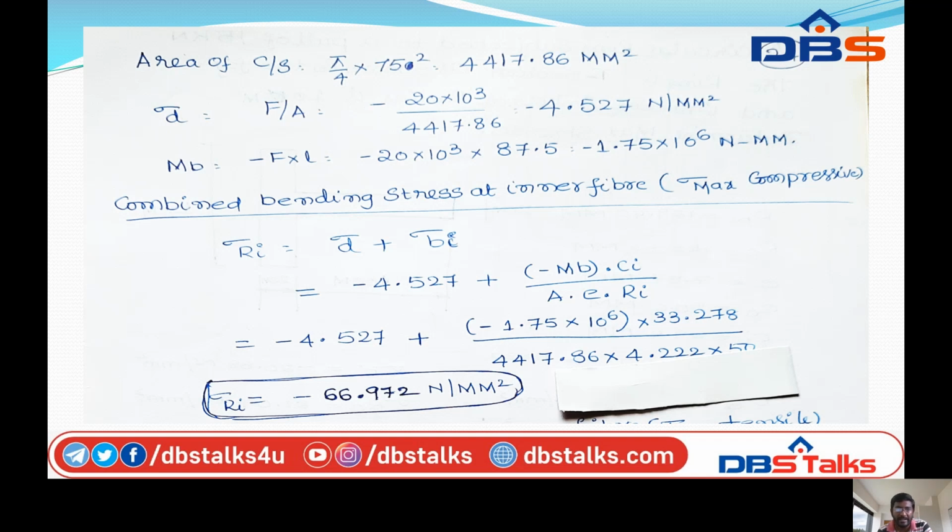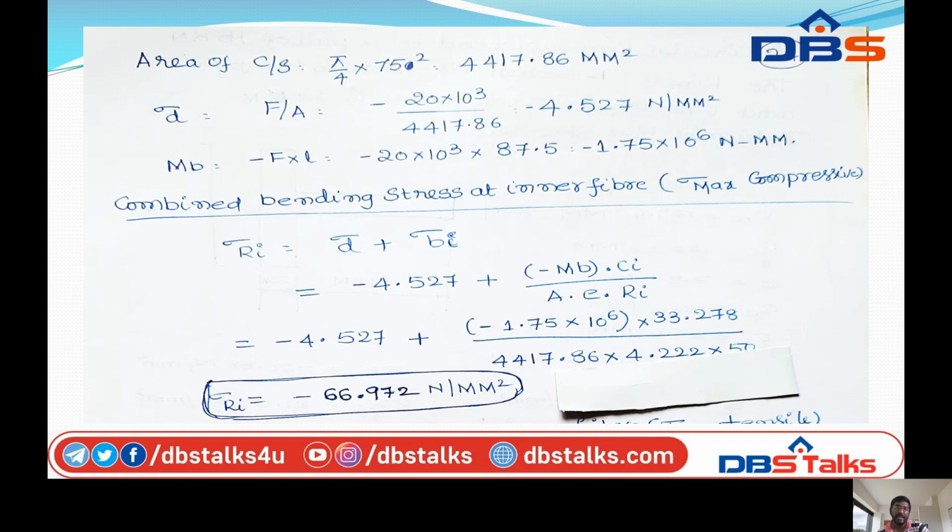So next we can calculate the direct stress. Sigma d is equal to force by area. So that is equal to minus 20 into 10 cube by 4417.86. That is equal to minus 4.527 Newton per mm square.